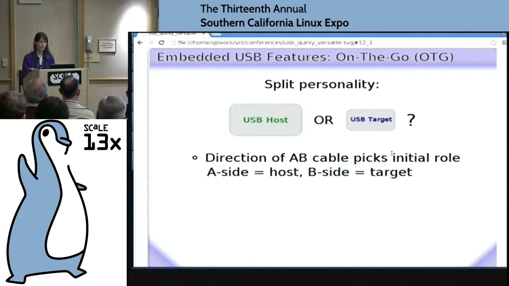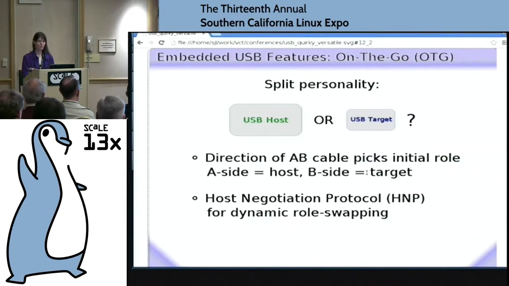If you want it to be host right now, you plug the A side in. You have these little connectors, they call them the AB connectors, so that either side can plug in if you want to. So if you're plugging it up to, say, a keyboard, then you plug the A side into your phone. If you're hooking it up to your computer, you would plug the B side in, so you need a cable that has a B side for your micro.